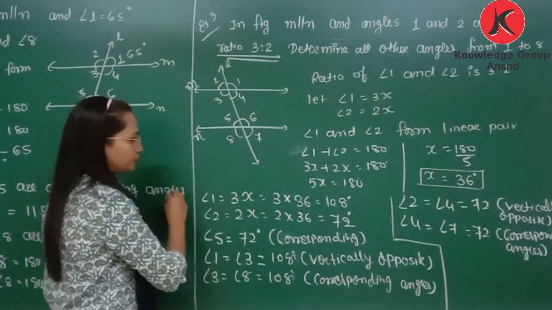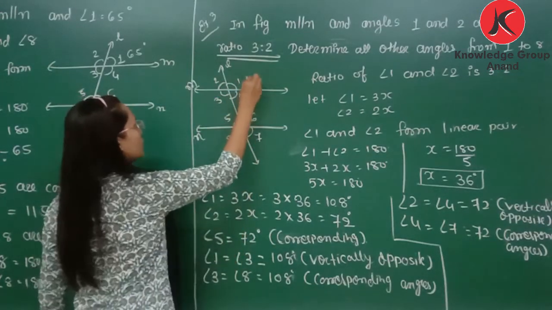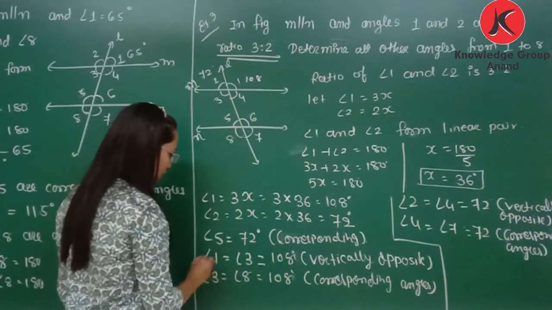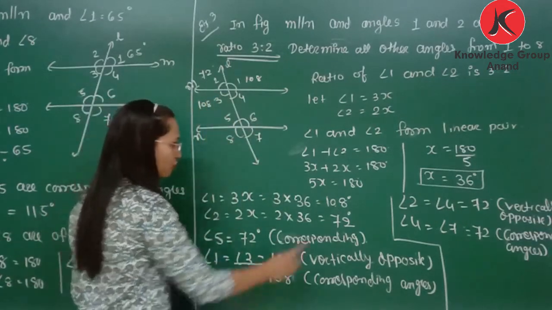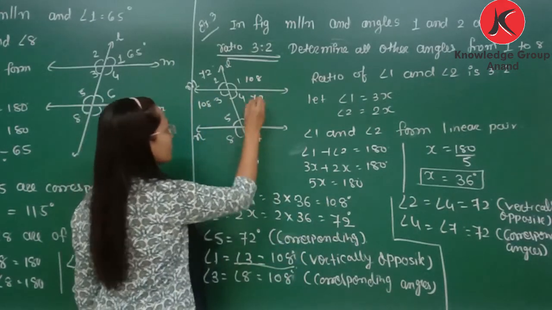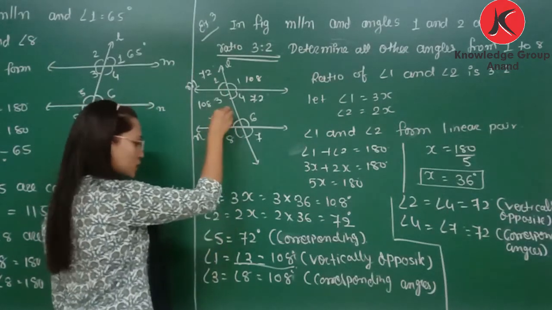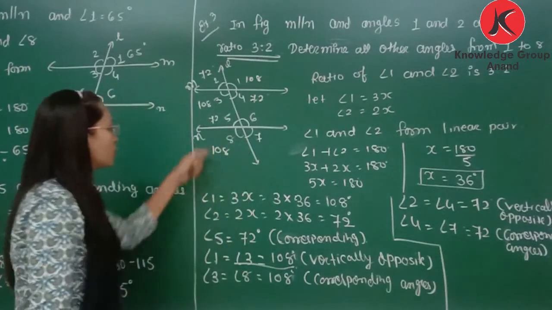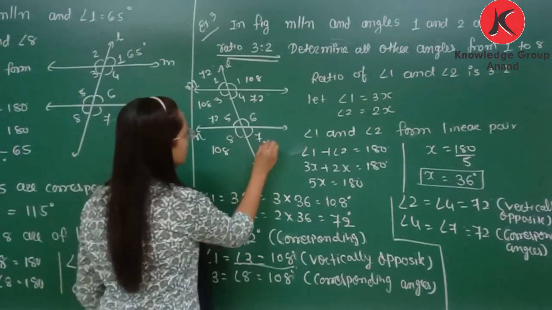Now remaining. So here angle 1 we found is 108, angle 2 is 72, angle 3 is 108, angle 4 is 72 by vertically opposite, angle 5 is 72, corresponding angles, and angle 8 is 108. Reason? Corresponding angles. Now here angle 7 is 72.